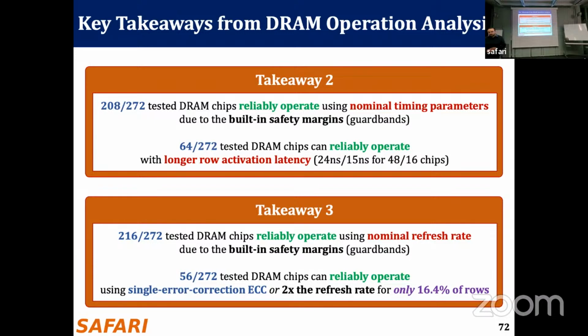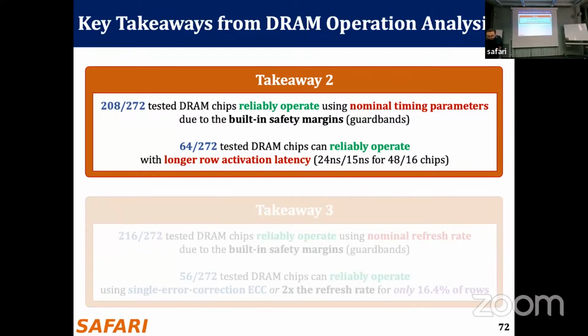And again, most of the DRAM chips can work with nominal refresh rate. And for a small fraction of them, we can implement some error correction codes to compensate for the effect of reducing wordline voltage. Or we can just double the refresh rate for a small fraction of DRAM rows to compensate for it.